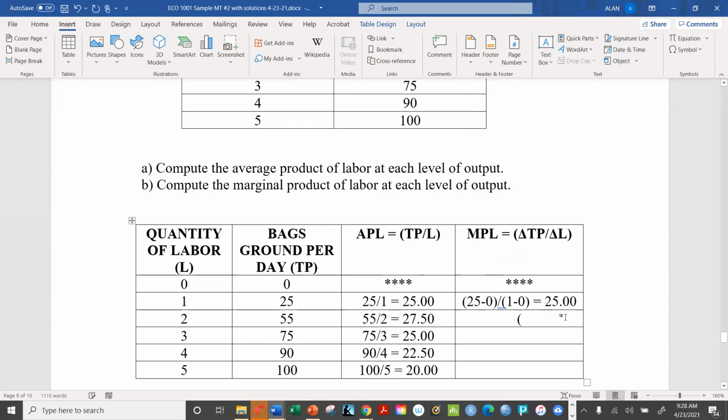For the next one, we increase the bags up to 55 as we increase the labor by 1, so that ratio is 30.